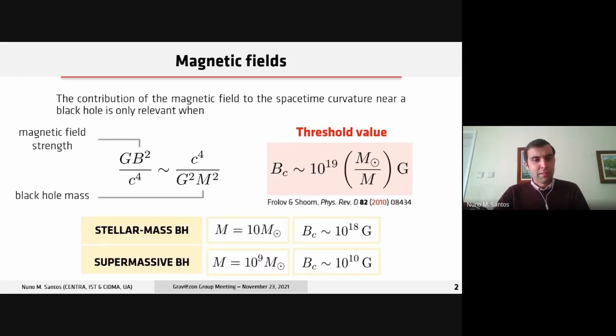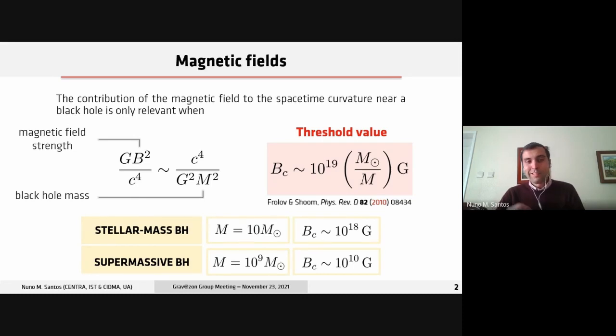So let's assign some values to the mass M of the black hole. For instance, this threshold value B_c is approximately 10^18 Gauss for a stellar mass black hole with 10 solar masses, and it's about 10^10 Gauss for a supermassive black hole with 10^9 solar masses.